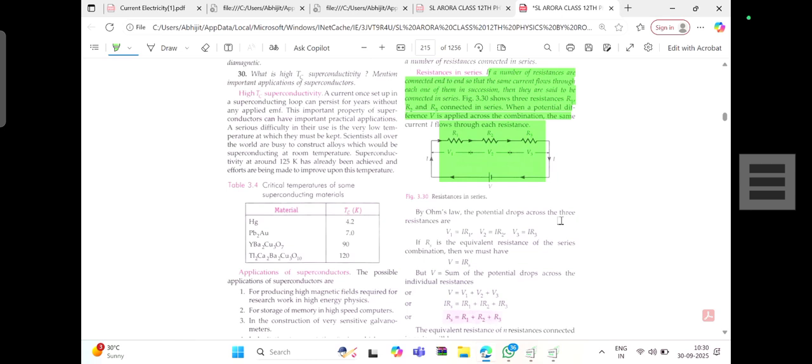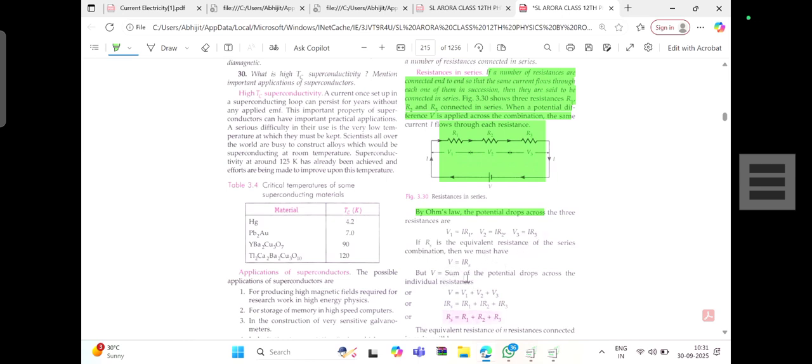So V1 equals I into R1, because current I flows through R1. V2 is the voltage difference between this point and this point, that is IR2, and V3 is IR3.